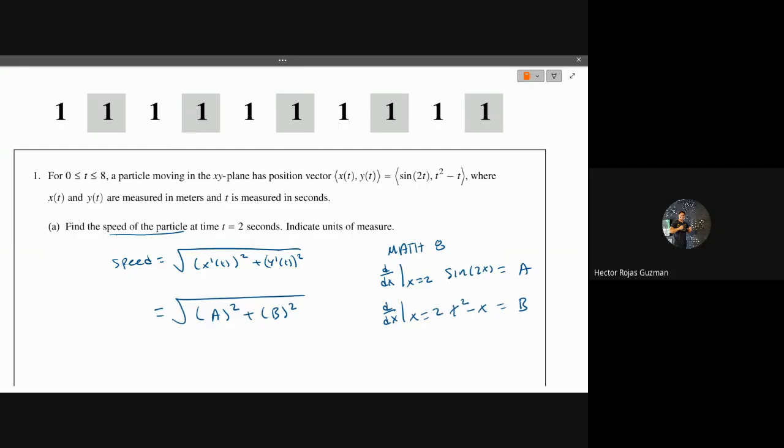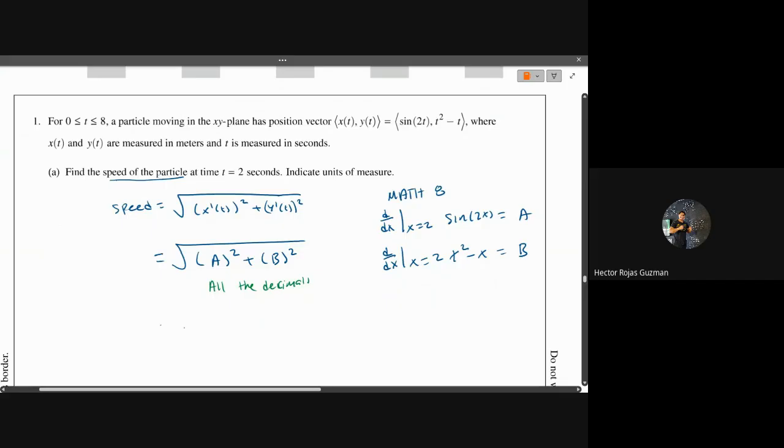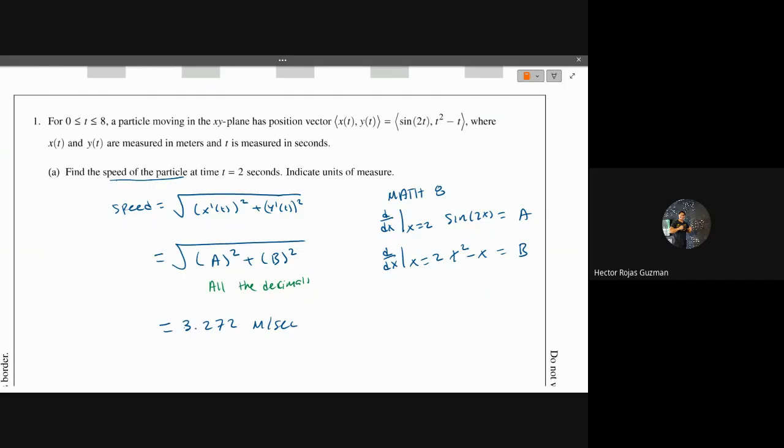Since you're using the calculator, make sure that you're using all the decimals. You can copy and paste the decimal. Don't be rounding in this case, because if it's off, you might not get the point. But the answer here is going to be 3.272 meters per second, because it is a derivative.